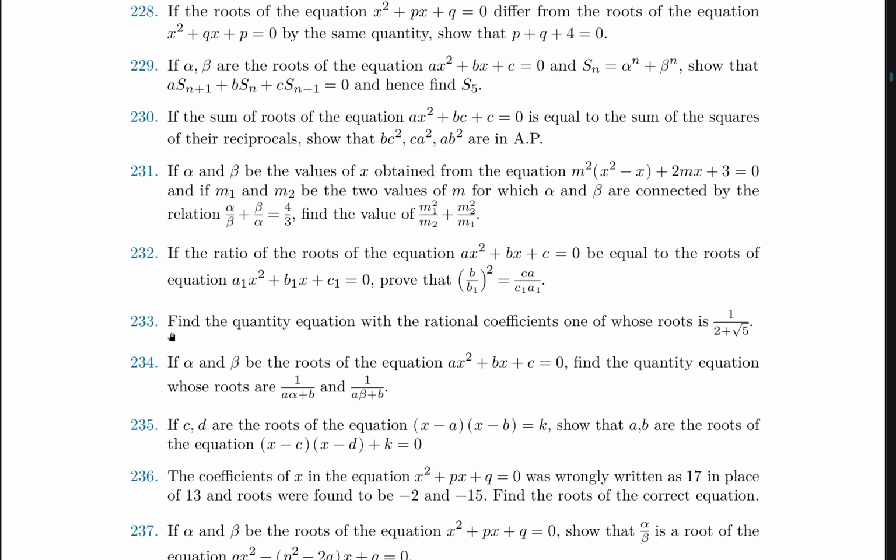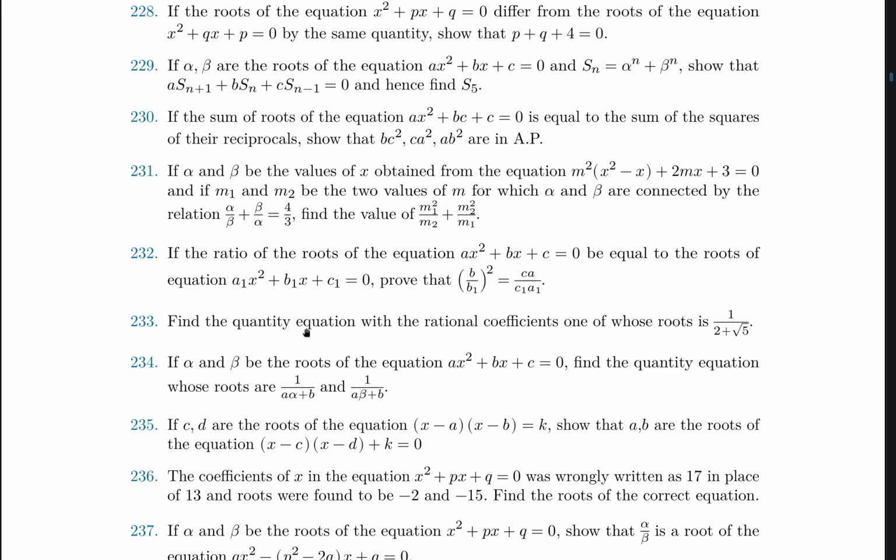Question 233 says that find the quadratic equation. It's again a typing mistake or bad autocomplete. Find the quadratic equation with the rational coefficients, one of whose roots is 1 by 2 plus square root of 5. So it is an irrational root, the other root would be its conjugate.